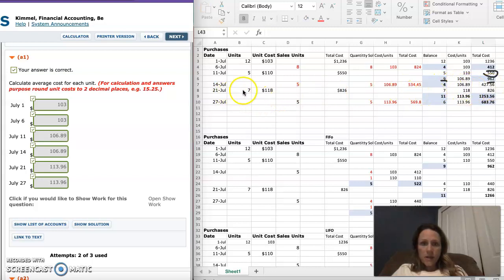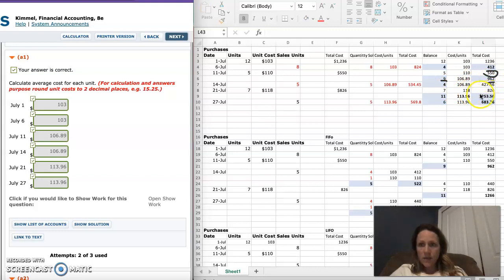But then when we buy the new units on July 21st, they're at a price of 118. And so then we add that in over here, which is a total of this. We add the leftover 4 units at the new unit cost price, plus the new 7 units at 118.